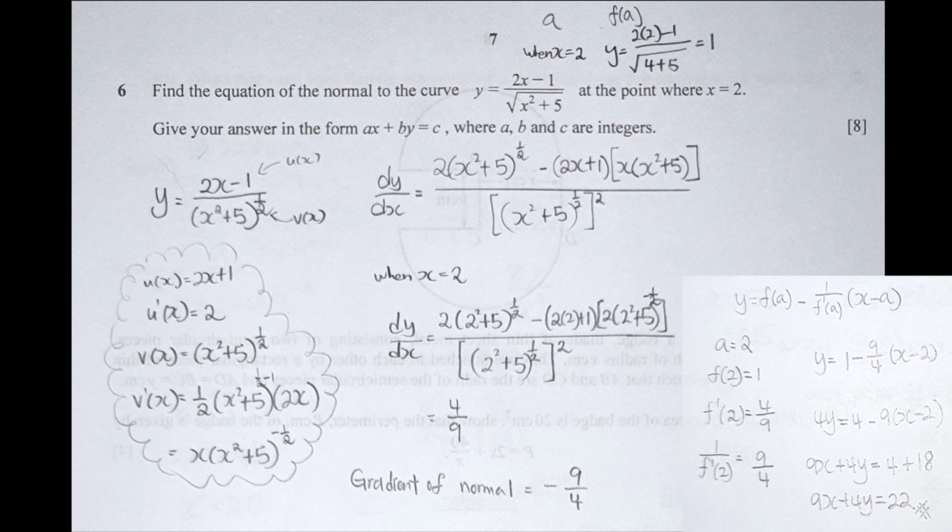Substituting accordingly to the variables, I multiply everything with 4 in order to cancel off the 9 over 4 over there. Rearrange them, then you will get 9x plus 4y equals 22, as requested by the question.